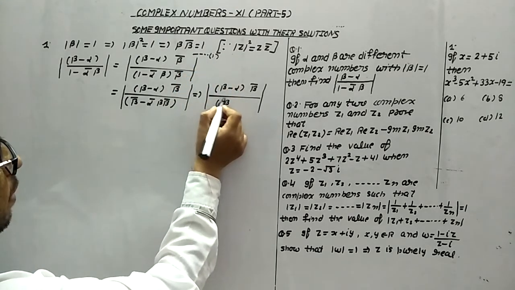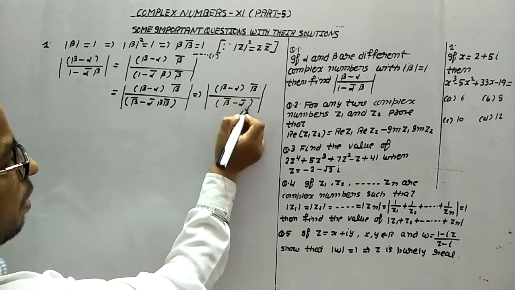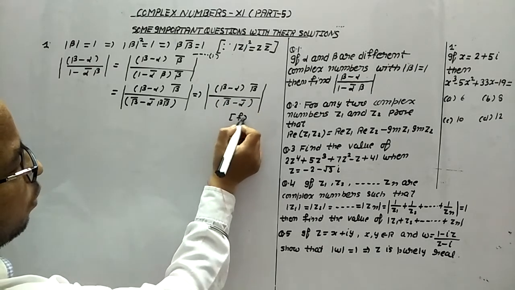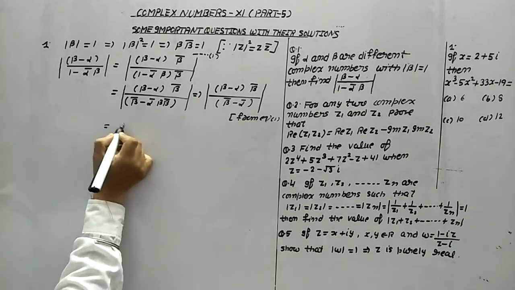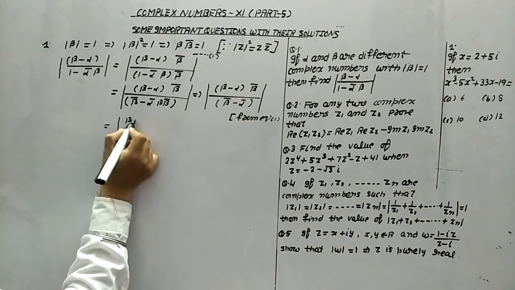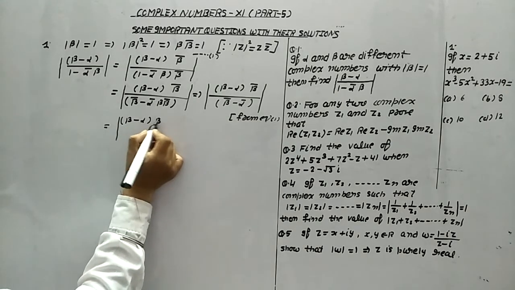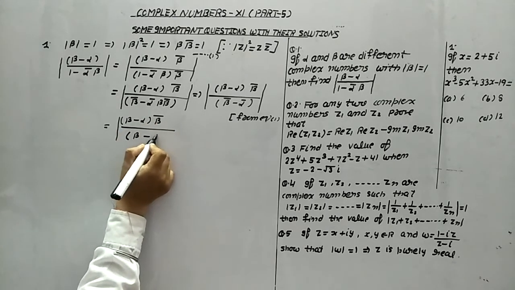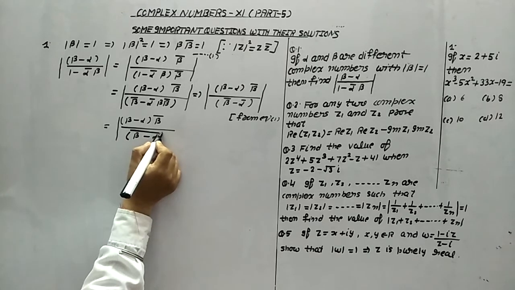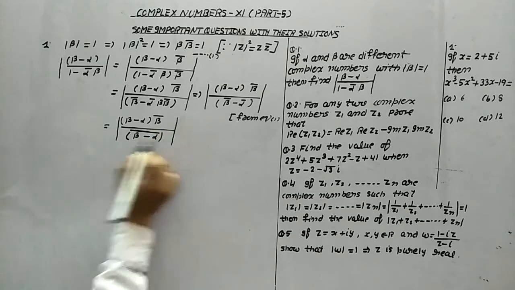So this becomes beta minus alpha bar, beta bar minus alpha bar, and here you will write down from equation 1. Now look at this: this is (beta minus alpha) beta bar, and here you can write this as beta minus alpha bar. Now why are we writing this?